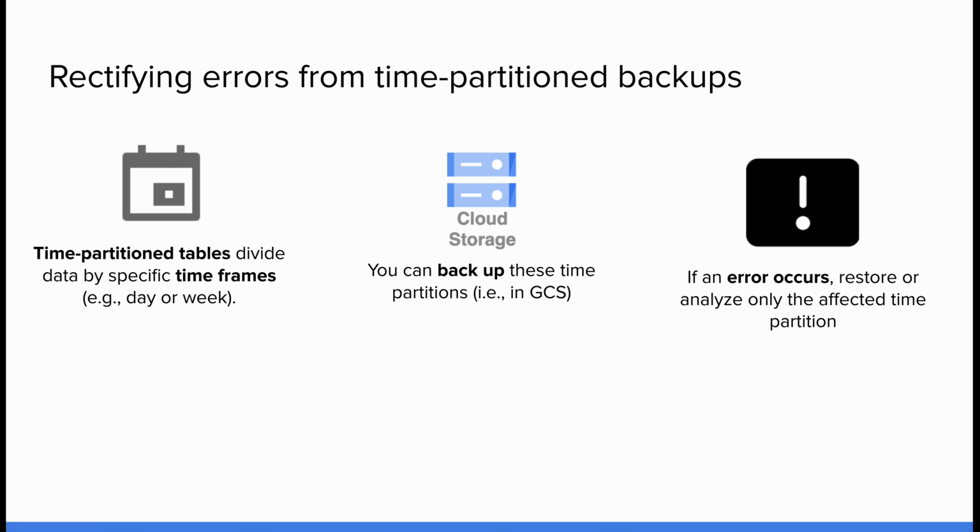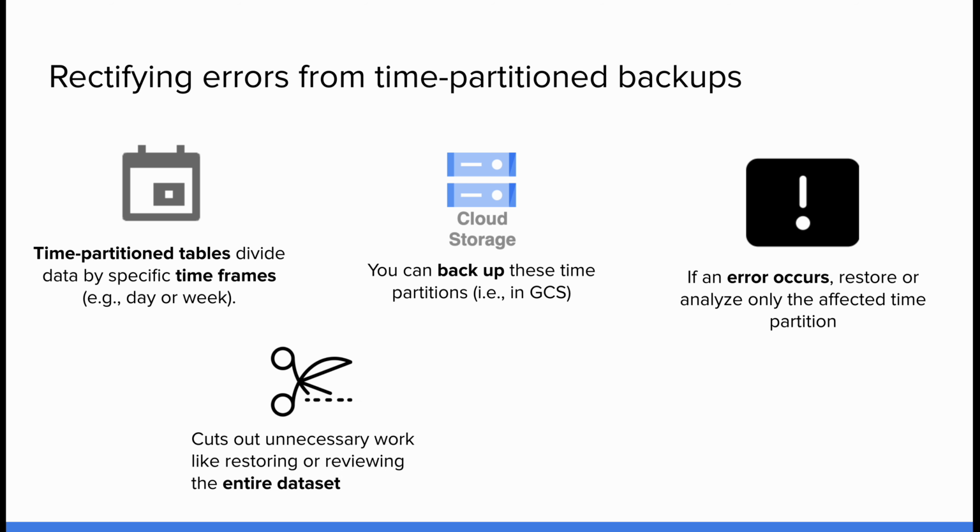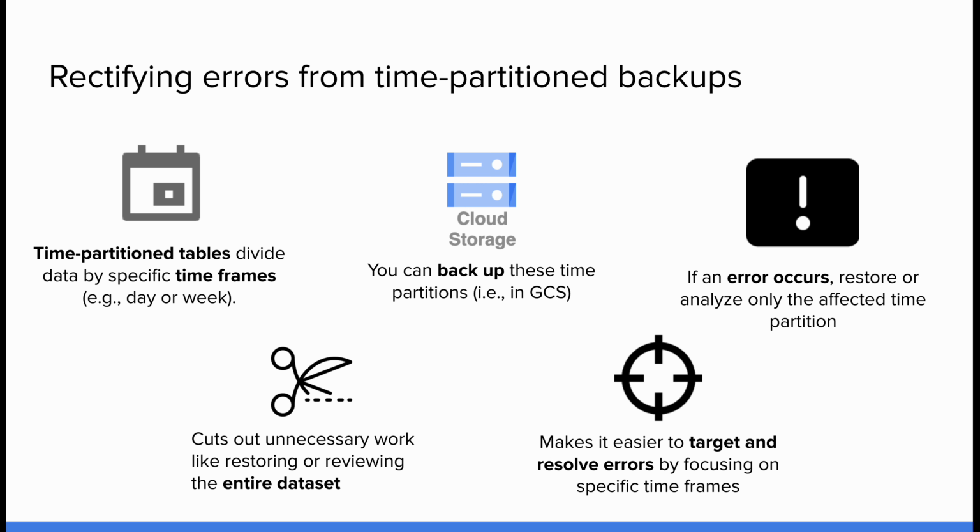Then if an error occurs, you can restore or analyze only the affected partition, which saves you from dealing with the whole data set. This approach cuts out unnecessary work and makes it easier for you to target and resolve errors by focusing on specific time frames. It's a more efficient way to handle issues without having to kind of review everything.